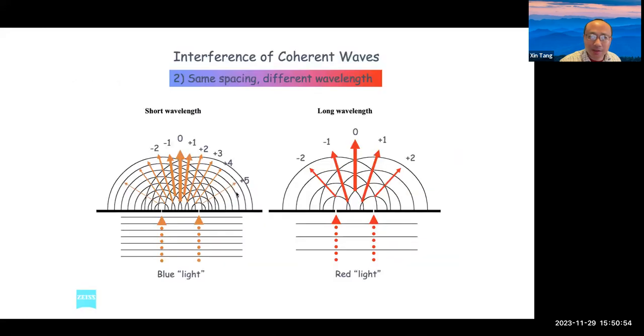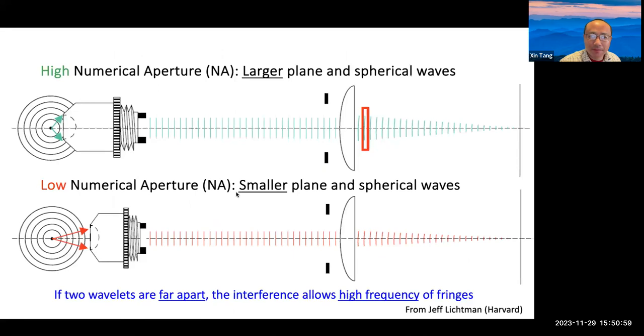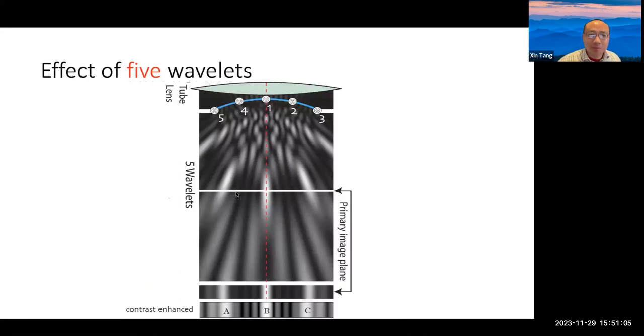Here, you can read this in the slides. Now, the most important thing is here. If we have the turbulence here, and then we have a sample plane here, after the light goes through this lens, it will generate this wavefront. If we pick only 5 points here and do the simulation, each point is a wavelet, and they will send out the wave.